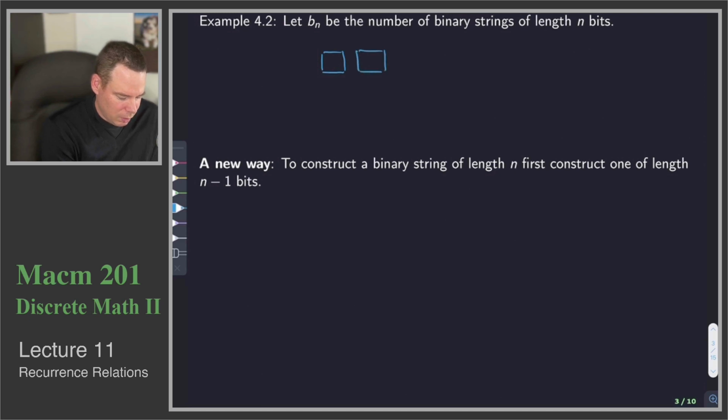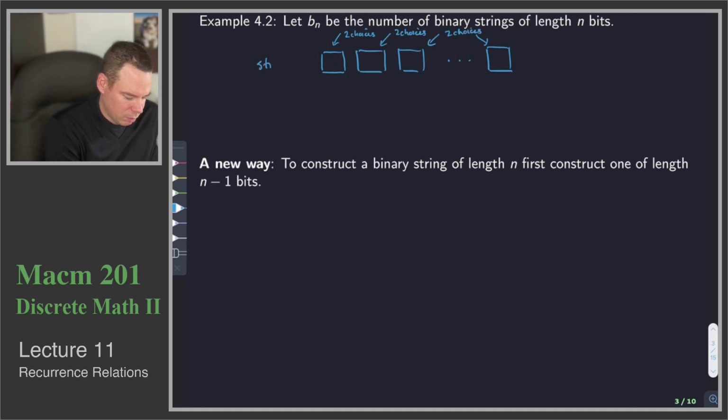So the idea is if we have a string of length n, in other words there's n spots that we're going to fill with bits. There are two choices for that first bit, two choices for the second bit, and so on down the line. We've got two choices all the way down the line.